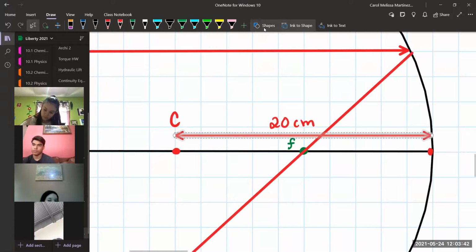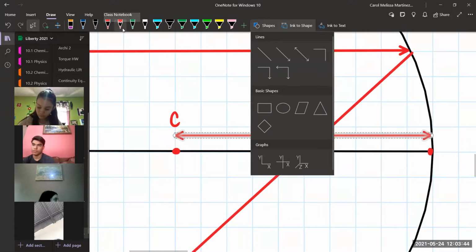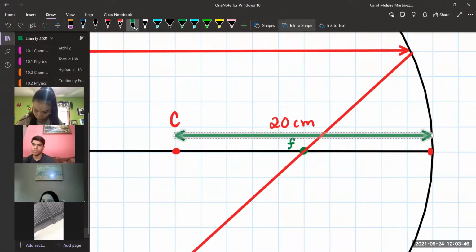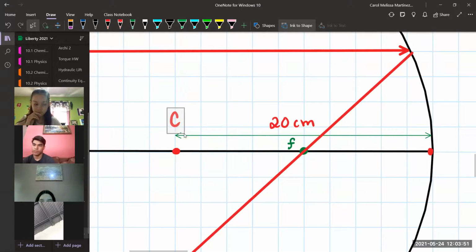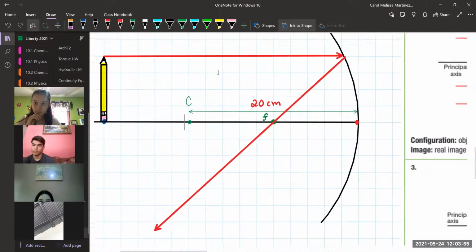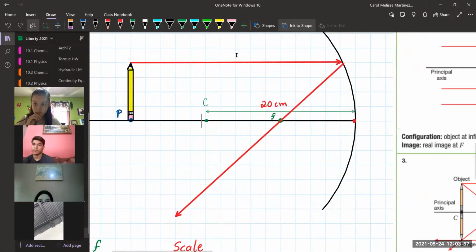Okay. I'm gonna change the color of this, because in this moment I don't care about it. So this is your first step. Okay. The first ray.